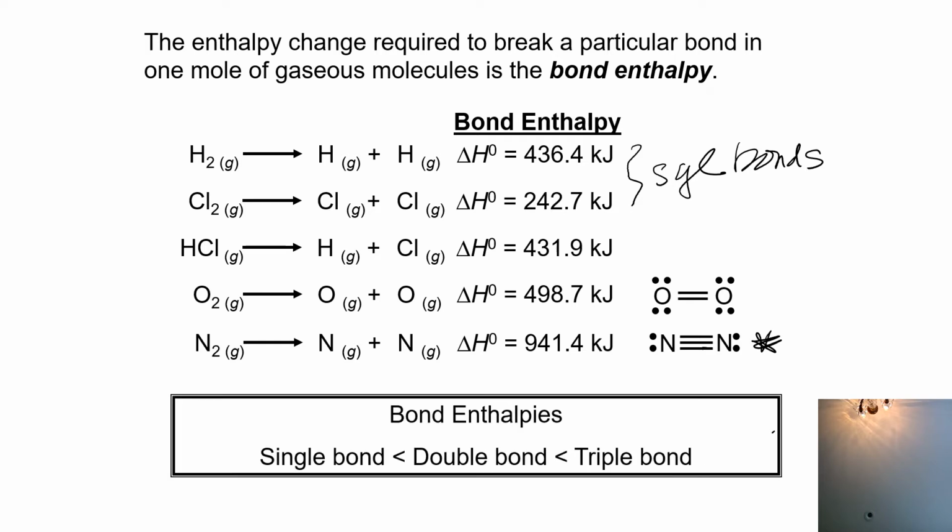So single bond enthalpies are smaller than double bond, which is smaller than triple bond. So basically, bond enthalpy is a measure of the stability of a molecule. Bond energy for breaking a bond is positive, and bond energy for forming a bond is negative. So the breaking of bonds is endothermic, forming of bonds is exothermic.